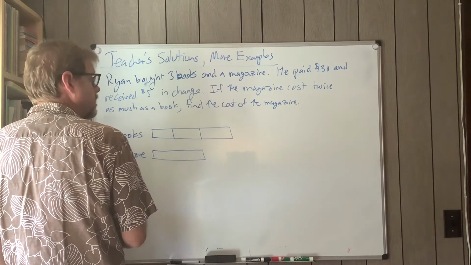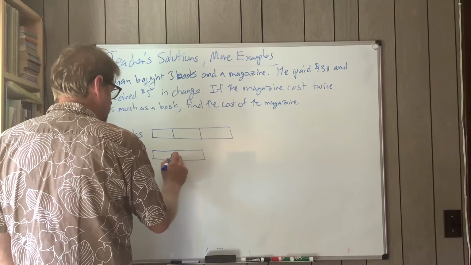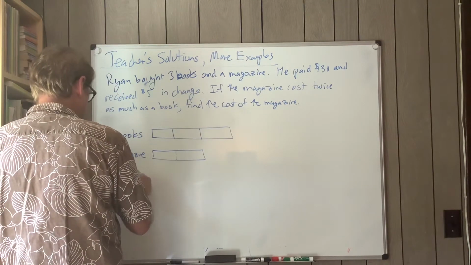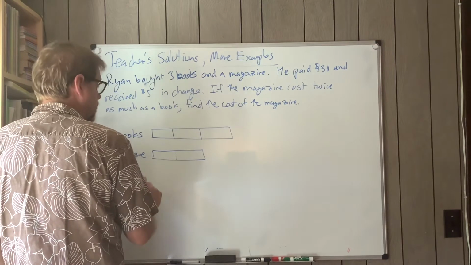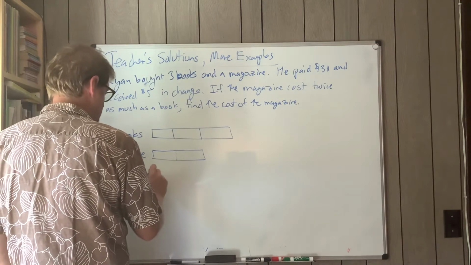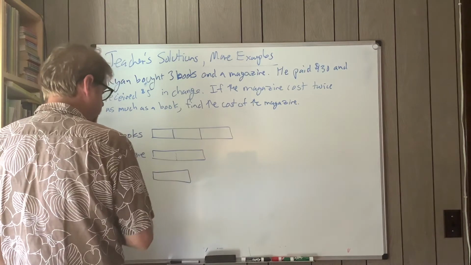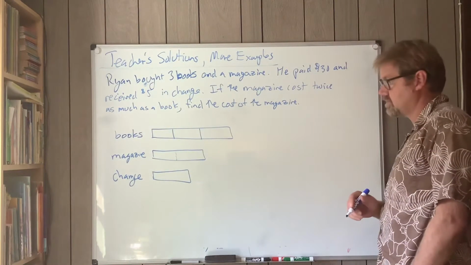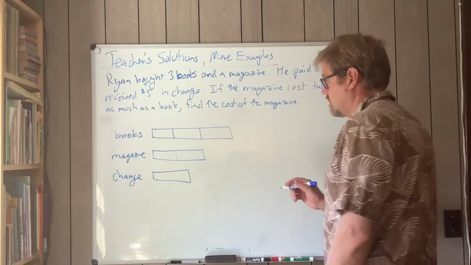And maybe I'll do a dashed line there. And change. Okay. And I don't know relative to these other things how much the change is. So let's just hold like that.